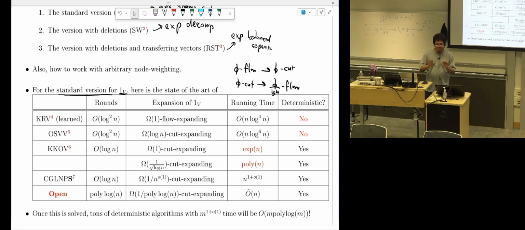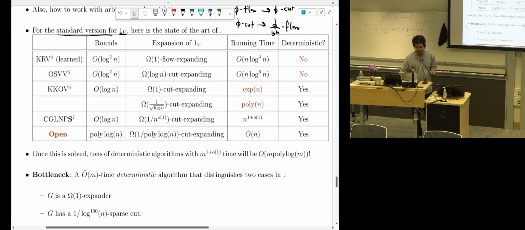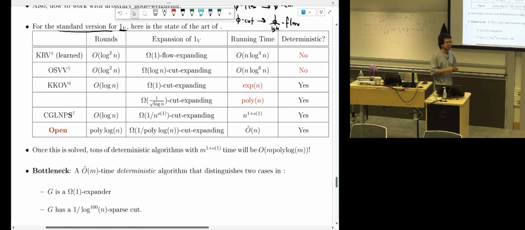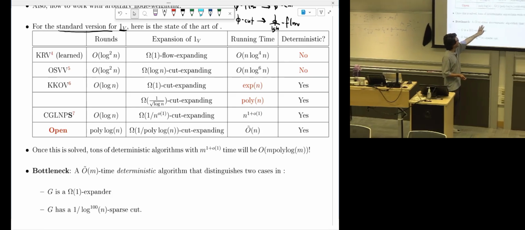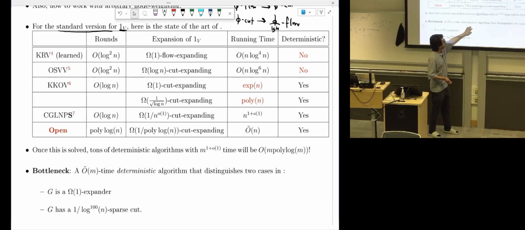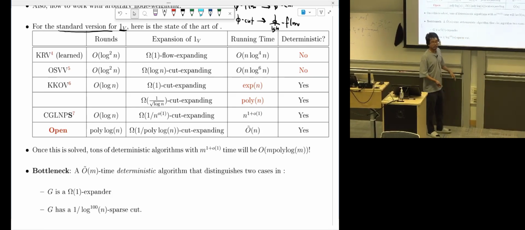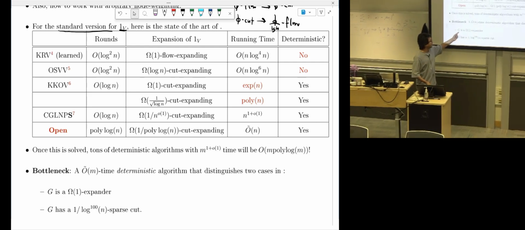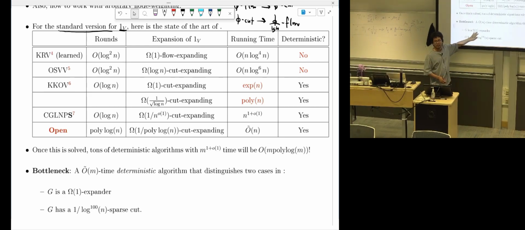You'll see this on Thursday. But it means that the bottleneck is just how can you approximate expansion fast, deterministically? So can we get a deterministic algorithm to distinguish these two cases? Let's say the first case is when the graph is a really good expander. And in the second case, there is a really bad sparse cut, but just 1 over polylog.